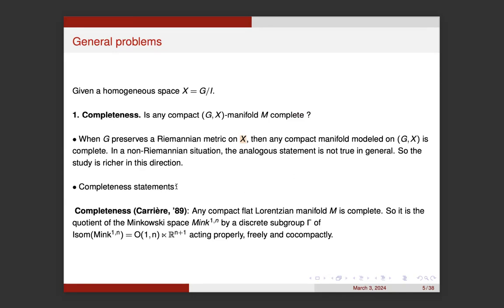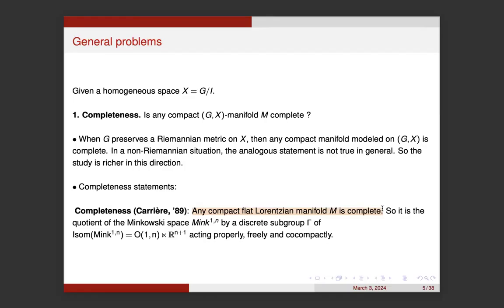One of maybe the most famous completeness results in the non-Riemannian situation is due to Carrière in the Lorentzian setting. It says that any compact flat Lorentzian manifold is complete, so geodesically complete.